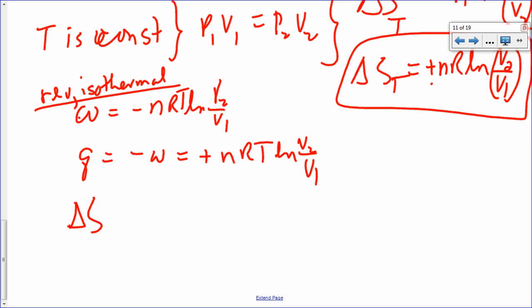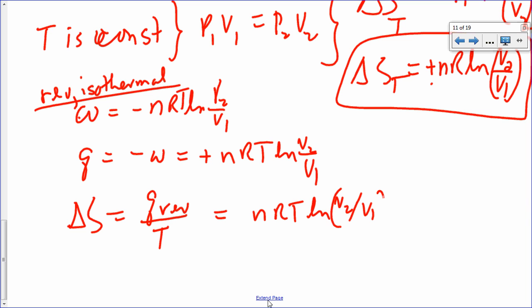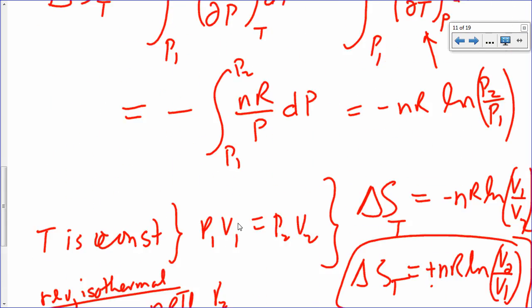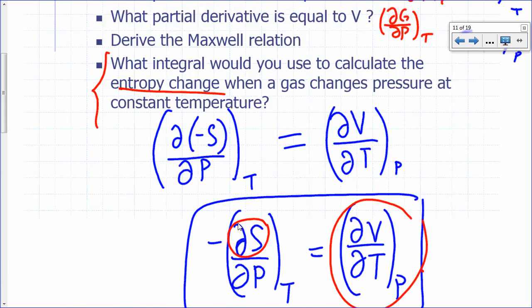And then we said delta S is Q reversible over T because temperature is constant. So that's just going to be nRT ln V2 over V1 divided by T. Same formula. Okay, the same answer. So this is another way of arriving at that formula.